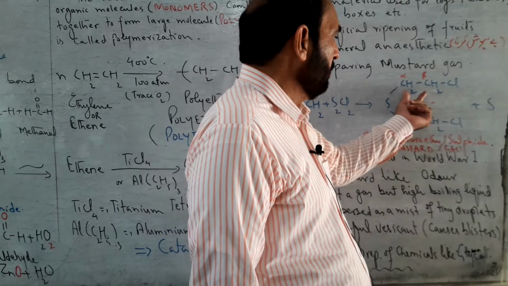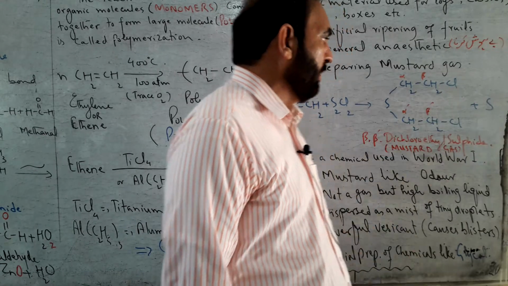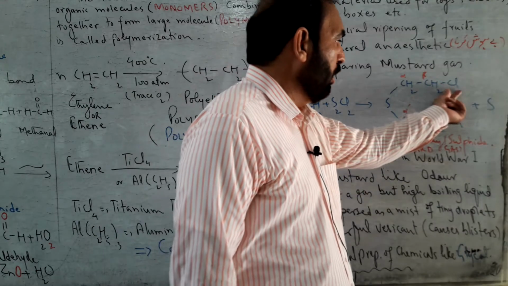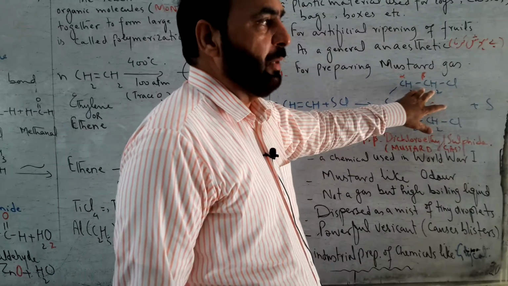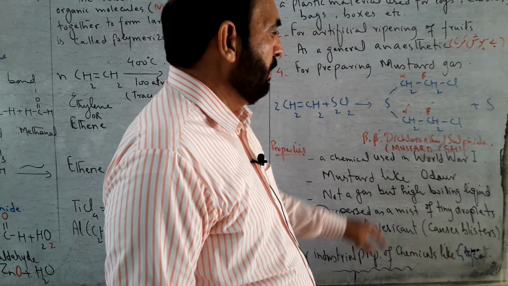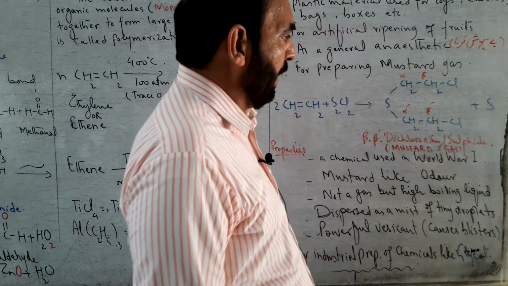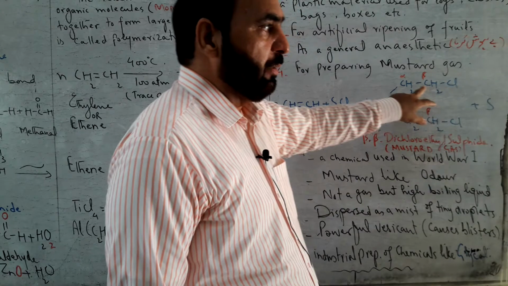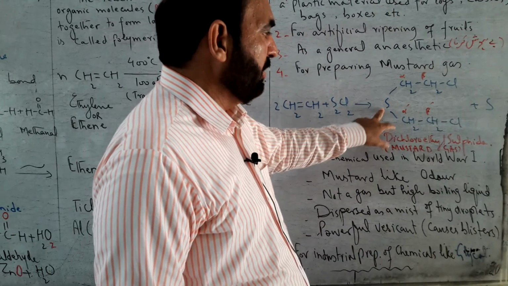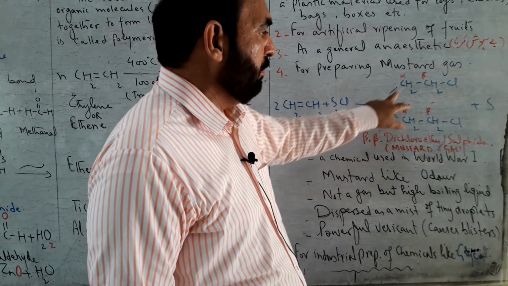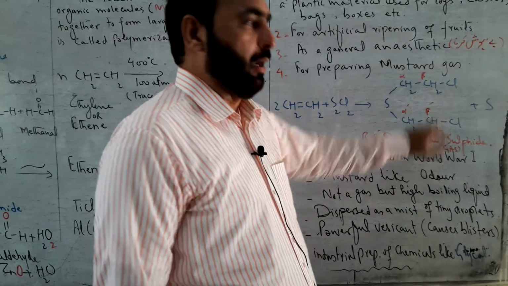These CH2CH2Cl groups are called chloroethyl. Chloro group is present at beta position. In both these chloroethyl, chloro group is at beta position. Alpha carbon is the carbon which is directly bonded to sulfur atom, and next carbon is beta carbon.